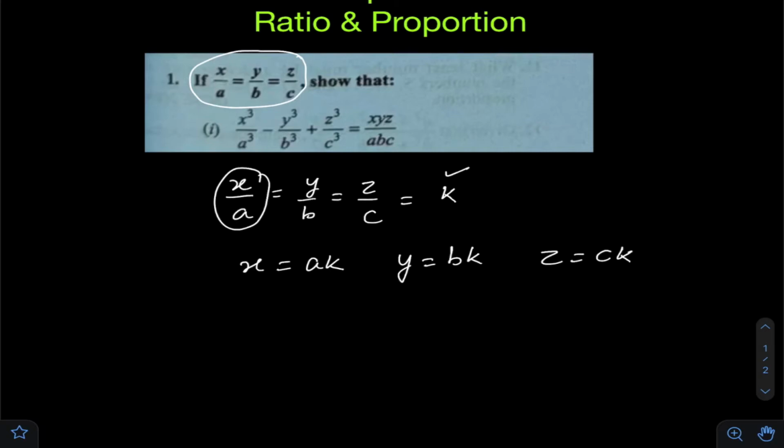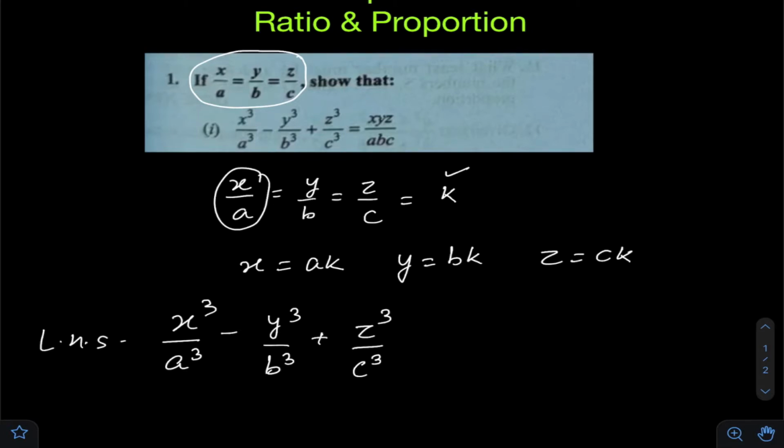Now put these values in the question. We have x cube upon a cube minus y cube over b cube plus z cube over c cube. I have taken the left hand side of the question.